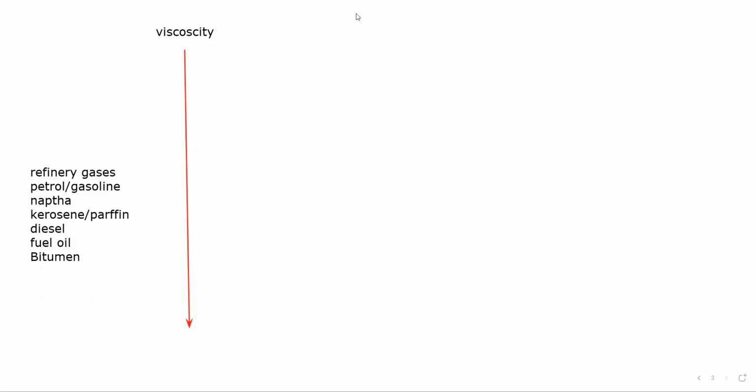Bitumen will be more viscous. So as we go down in this, the viscosity increases. The color gets darker as the number of carbons increases.